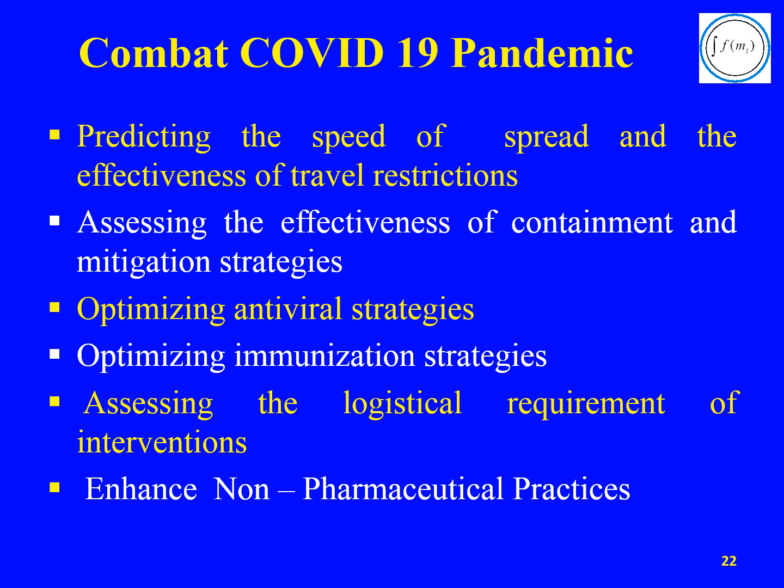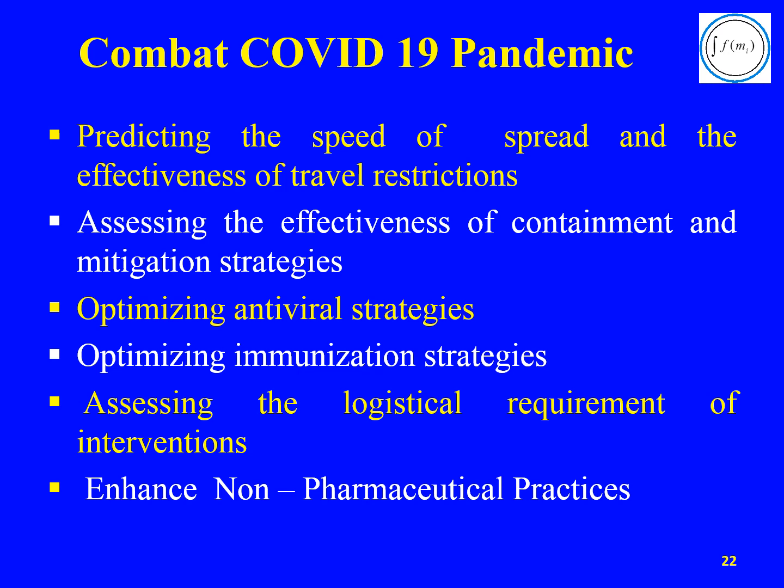Combat the COVID-19 pandemic with the help of statistical modeling. As I told you, you can get a predicted outcome from a statistical model. When you analyze the predicted outcome, you will be able to understand the outbreak of the pandemic. Based on that, governors and authorities can impose various restrictions to avoid the spread. That outcome can also be used to assess the effectiveness of containment and various mitigation strategies.